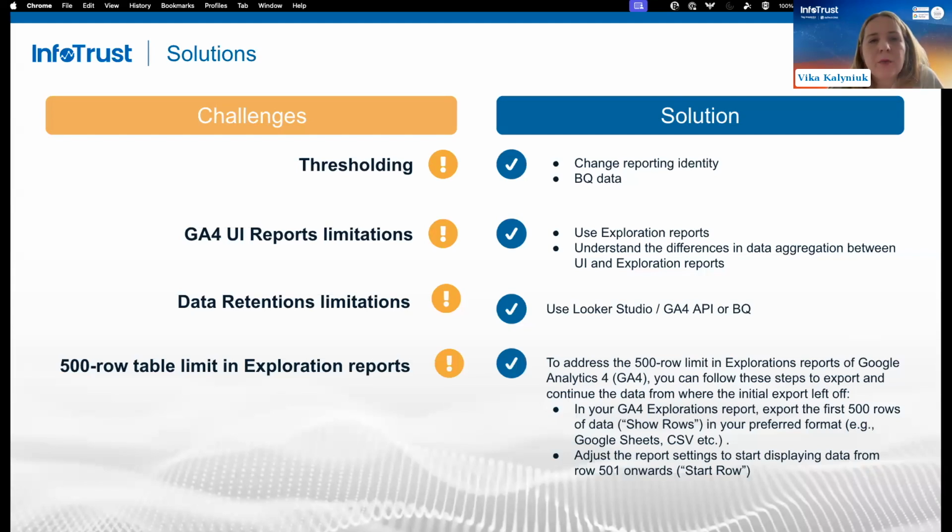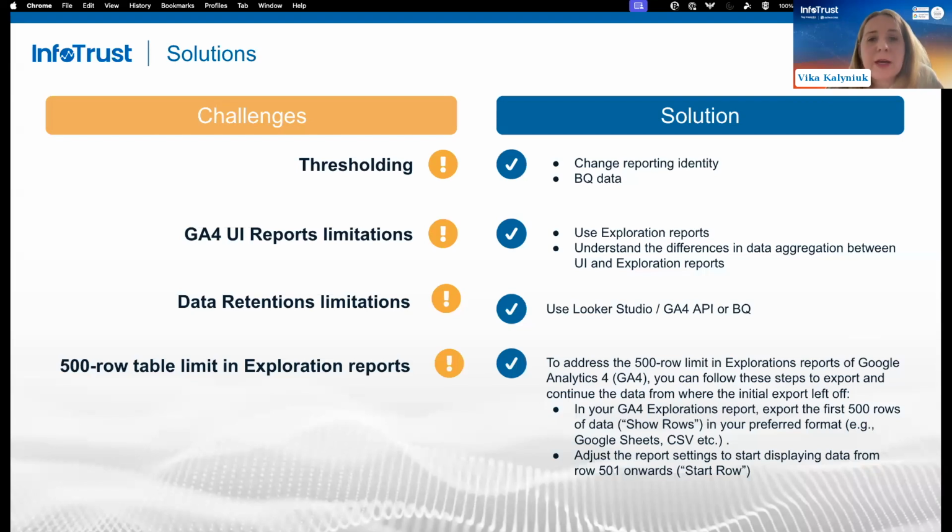When it comes to the GA4 UI report challenges that I mentioned, our main recommendation is to use the exploration report. However, once you start using the exploration report, you might also see some differences between the data in the UI and in explorations.